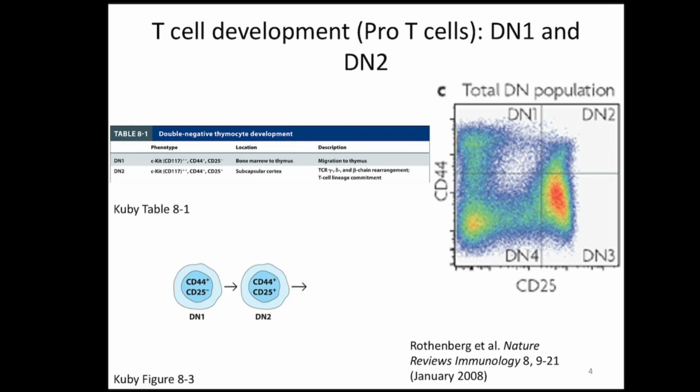So beta is sort of our normal alpha beta T cell heavy chain. So you can kind of think of that as we're doing heavy chain, just like we were doing before. It turns out the T cell also does gamma and delta at this time. So it rearranges delta, rearranges beta, rearranges gamma, all at this time. So the normal heavy chain beta, as well as both the two weird chains, are getting rearranged at this time.